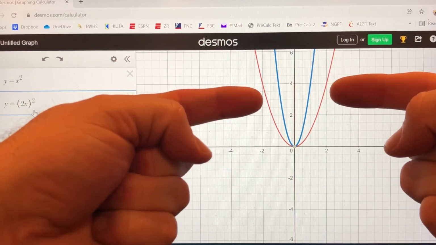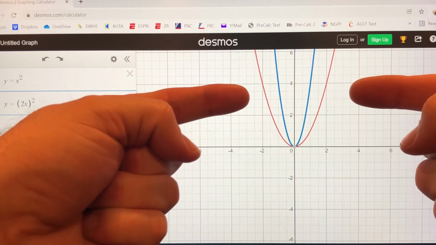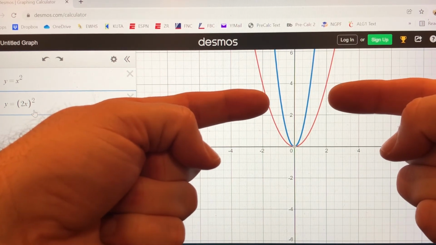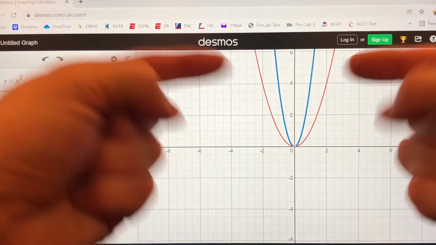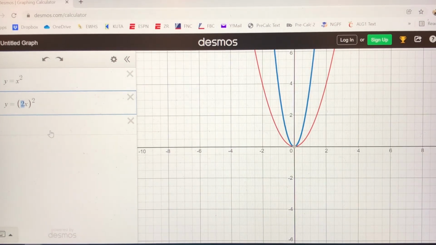We're shrinking it, so to speak, by making all the x-coordinates smaller. We're moving in towards that vertex. So that would be considered a shrinking or a compression. So anytime you've got a value here multiplied by that argument x that's greater than 1, it's going to be a horizontal shrinking of that graph, okay?